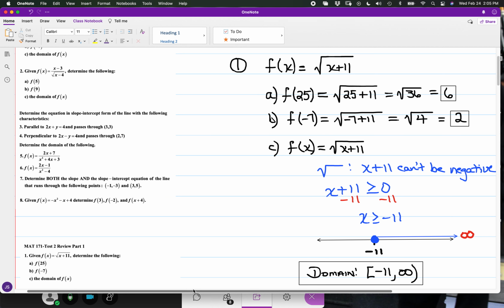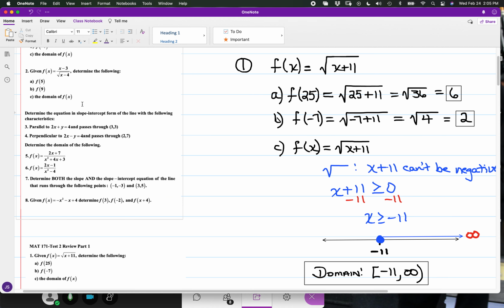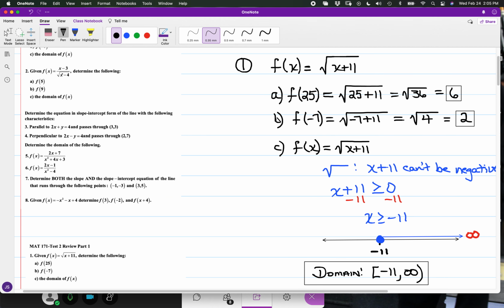Now for the second item, we have a blend of a radical and a rational function. Here we have f of x is equal to x minus 3 all over the square root of x minus 4.